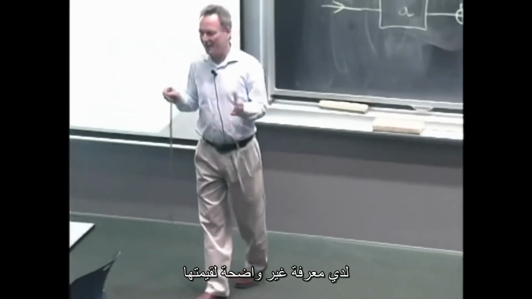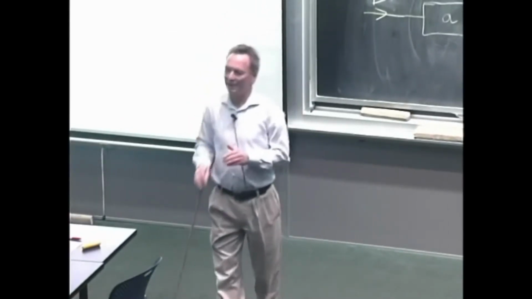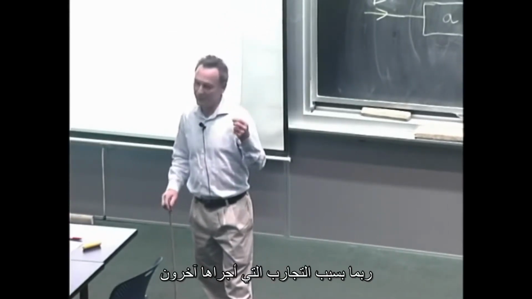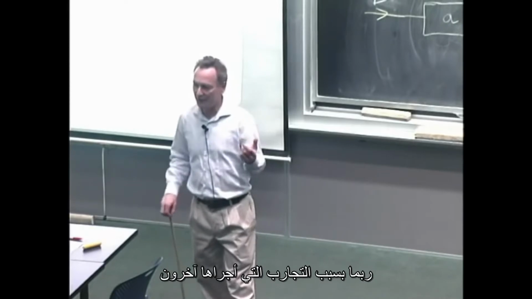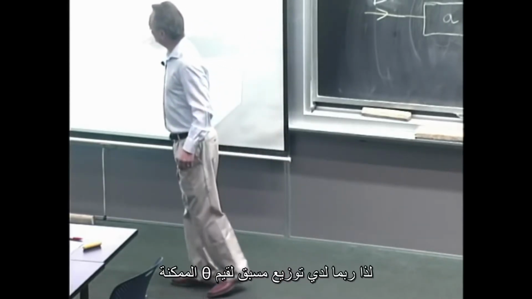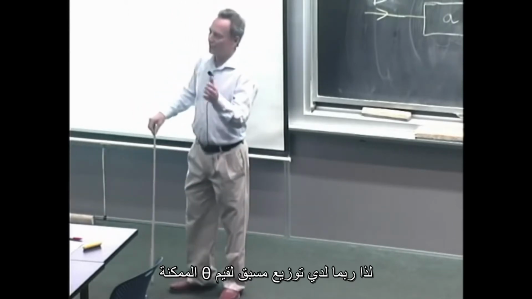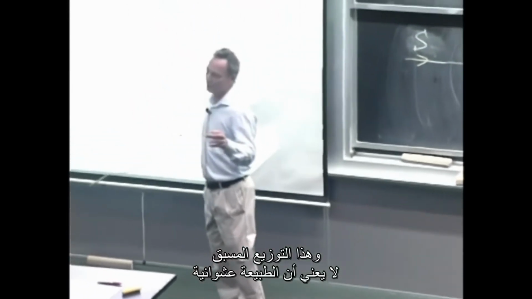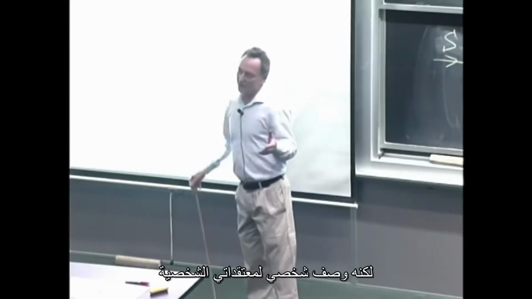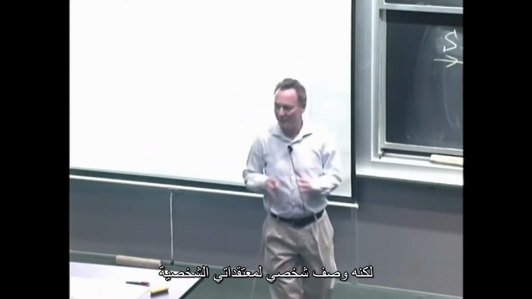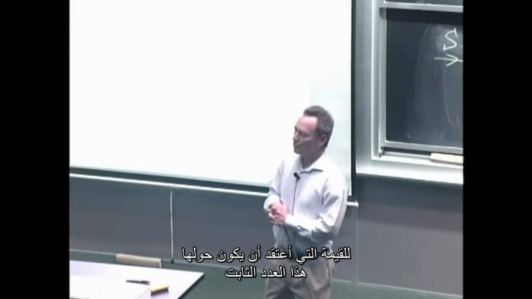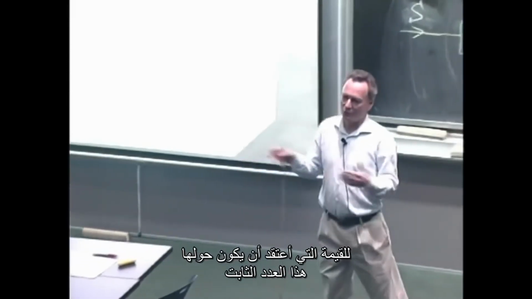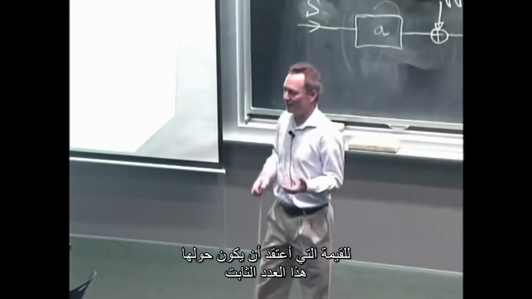I have some vague sense perhaps what it is, perhaps because of the experiments that some other people carried out. So perhaps I have a prior distribution on the possible values of theta. And that prior distribution doesn't mean that nature is random, but it's more of a subjective description of my subjective beliefs of where I think this constant number happens to be.